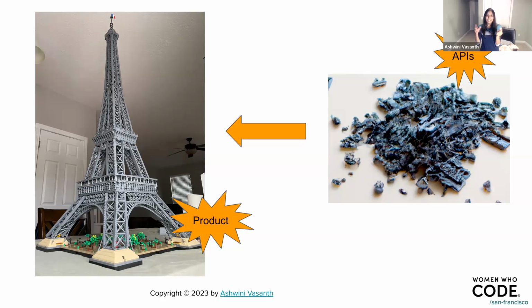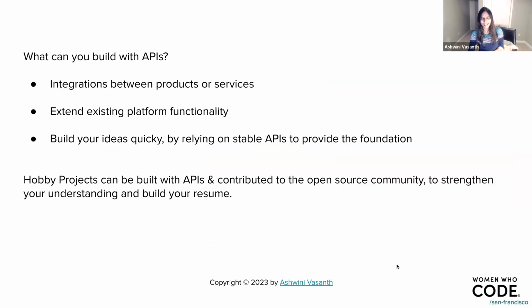So the Lego pieces that you use to build these structures are like the APIs. They're actually these small blocks that you can chain together and make something out of, right? And the actual built piece is like the product. So just something to explain what APIs are and why they're so critically important.